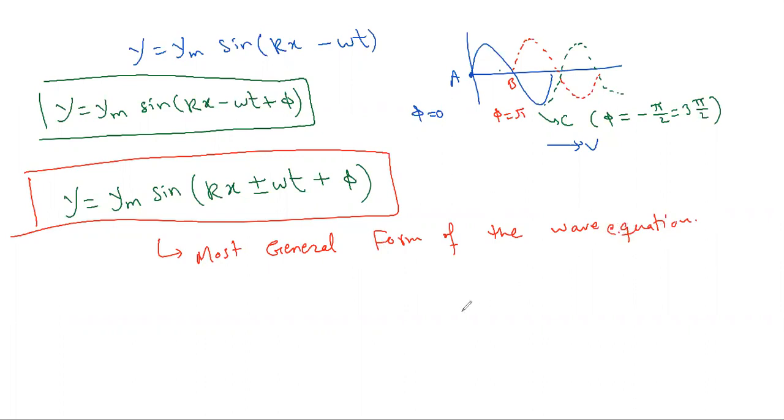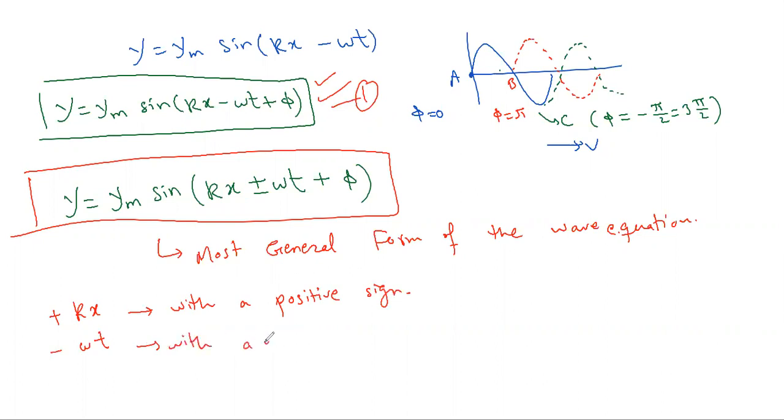Okay. So now in this equation, let me call this equation number one. You might be surprised that the kx term is with a positive sign, while the omega t term is with a negative sign. So why can't I just switch the signs?